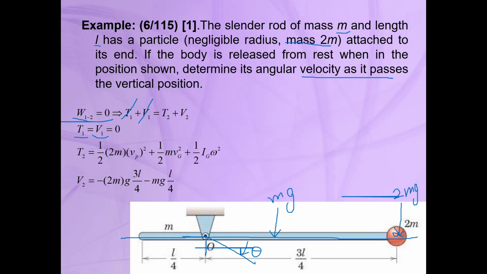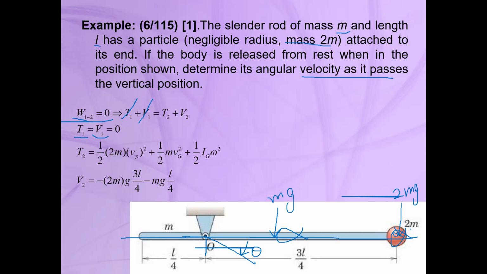So T sub 2, the kinetic energy in the final position, is equal to the kinetic energy due to the slender rod and the kinetic energy due to the particle 2m. For the particle, its kinetic energy is half times m times the velocity squared.